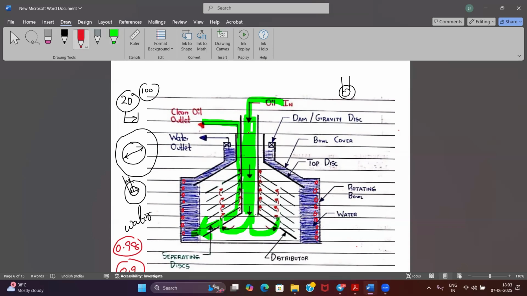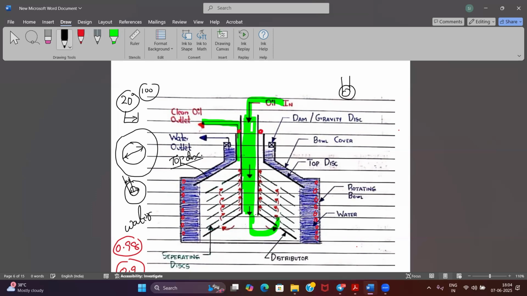This is the place where my centripetal pump will be. We'll see it in the other diagrams. Now, where should the interface be? The interface should always be inside my top disk, but outside the disk stack. This is my top disk.